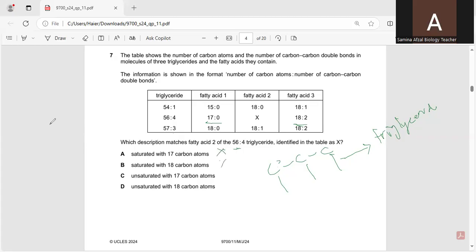Saturated with 18 carbon atoms, again it will not be correct because it will be unsaturated. So both are unsaturated, C and D, but with 17 carbon atoms, no, it is not the correct option. So unsaturated with 18 carbon atoms will be the correct option. D is the correct option in this case. So here the answer is 18.